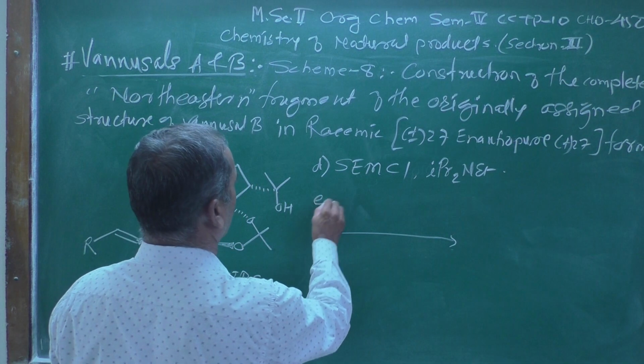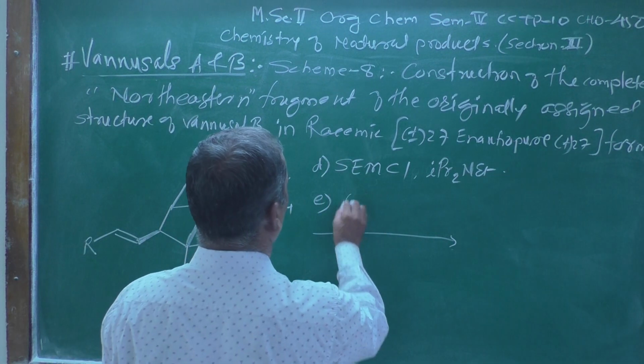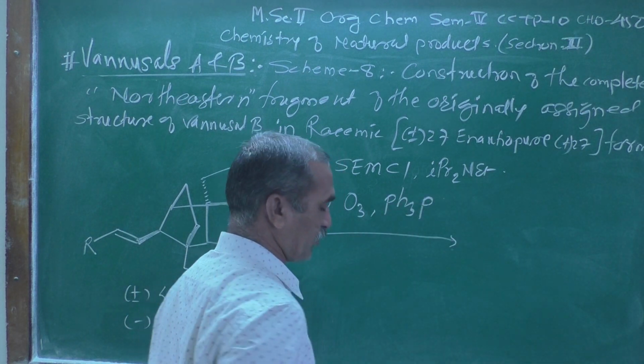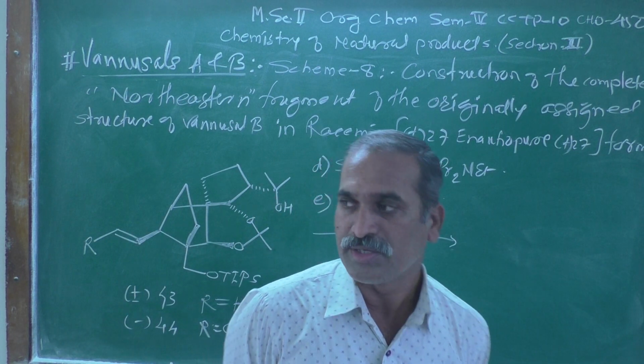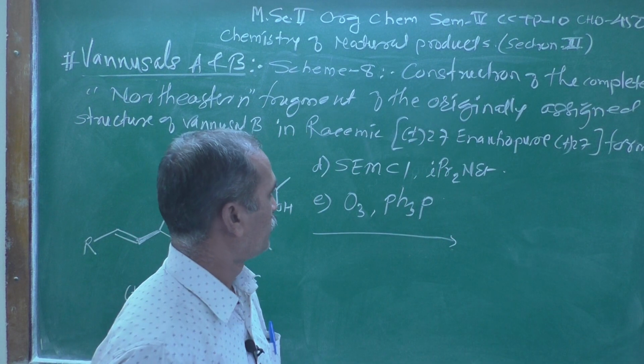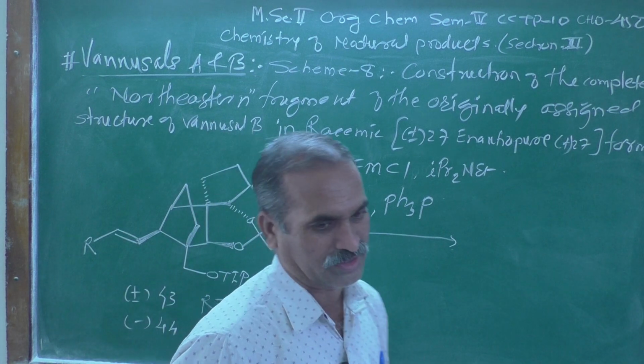Then reagent number E will be O3 and PPh3. We know that it is the reagent which can break the carbon-carbon double bond, that is ozonolysis.